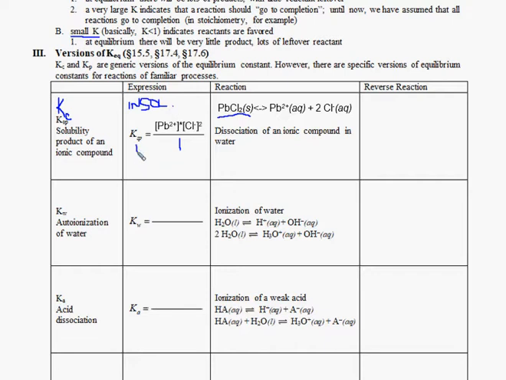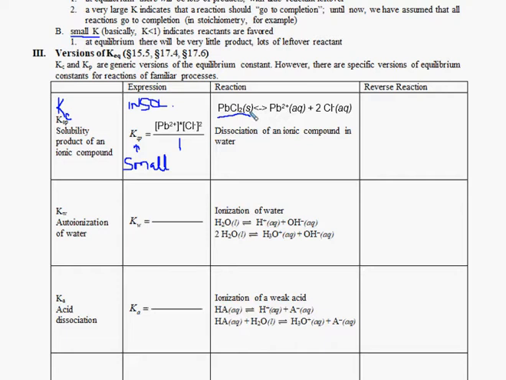That means that this value of Ksp is going to be a very small number, which means if you put in some lead chloride into solution, what you'll see is very little of it will turn into ions and a lot of it will remain as a solid. When that happens, you have reached your dynamic equilibrium.